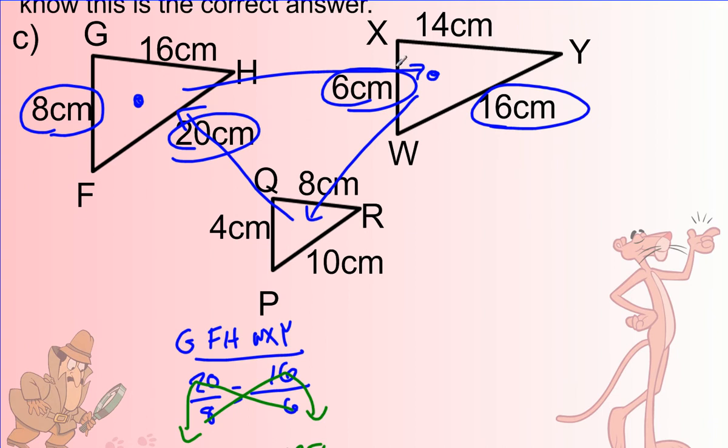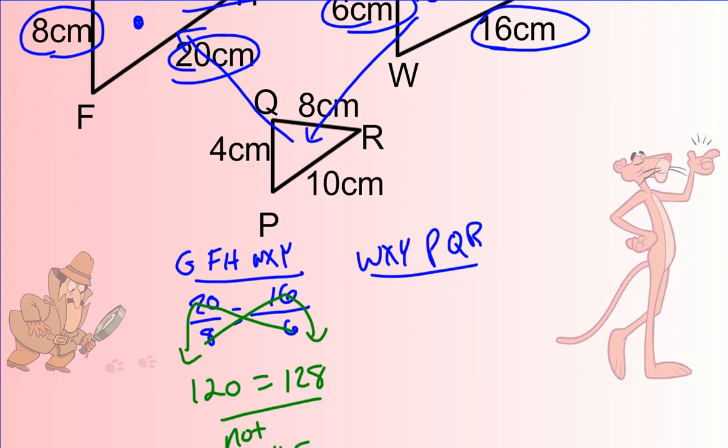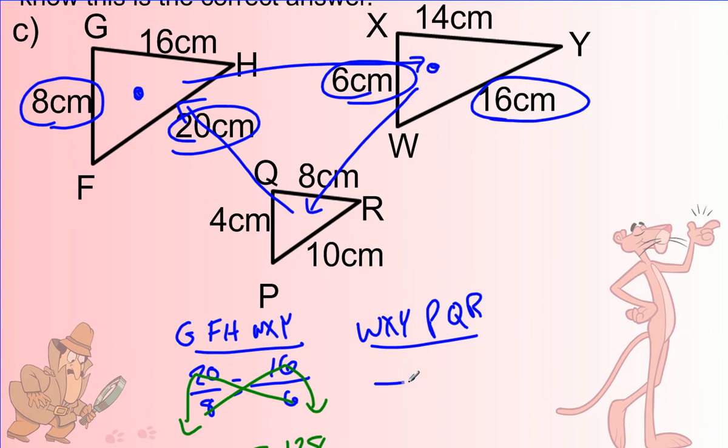So it's not these top two. So let's try WXY and PQR. Oopsie. So my proportion says, well, I'm going to use the same sets of sides.